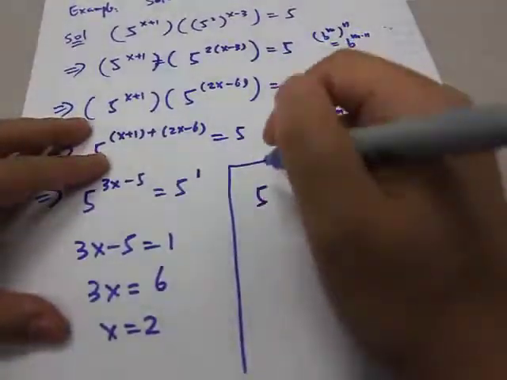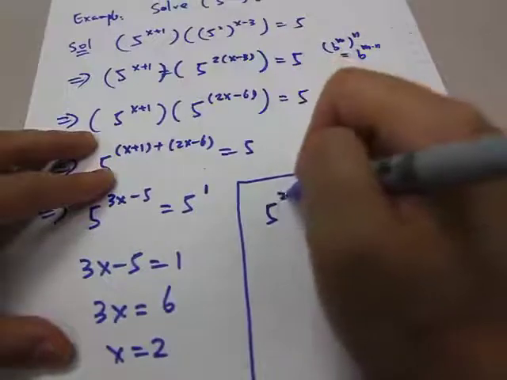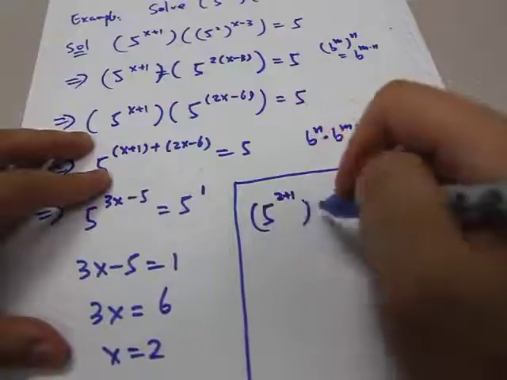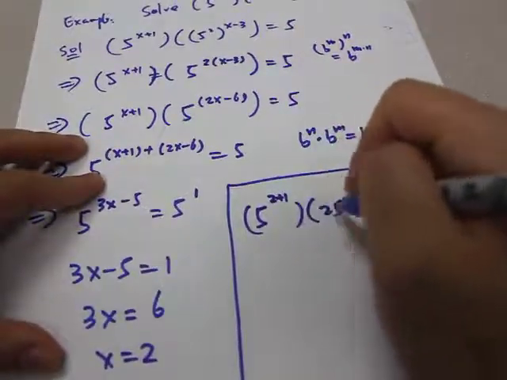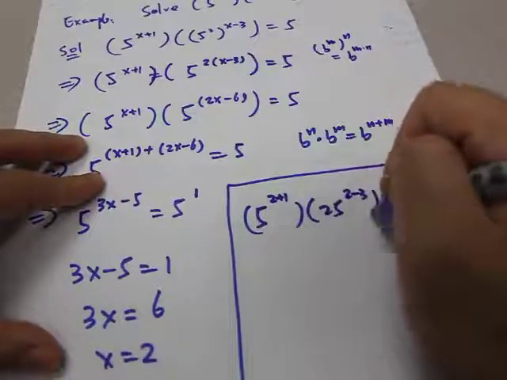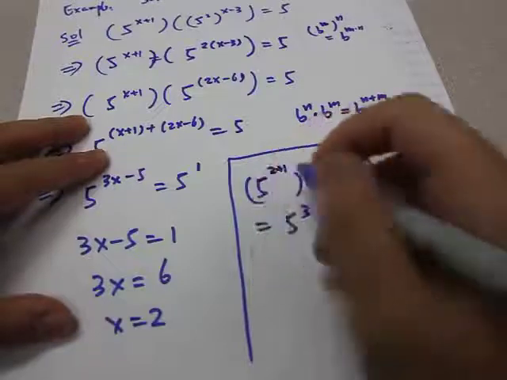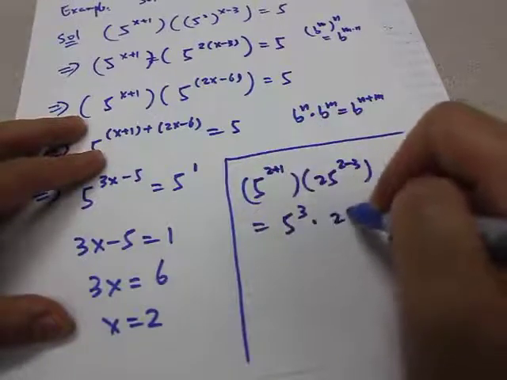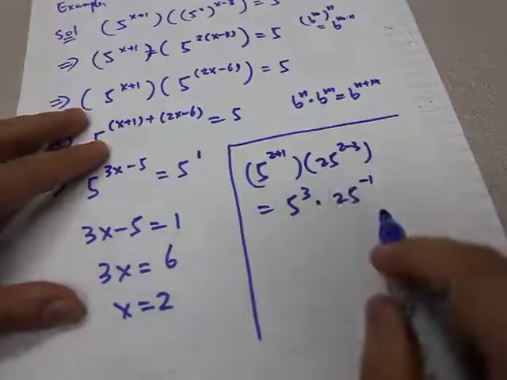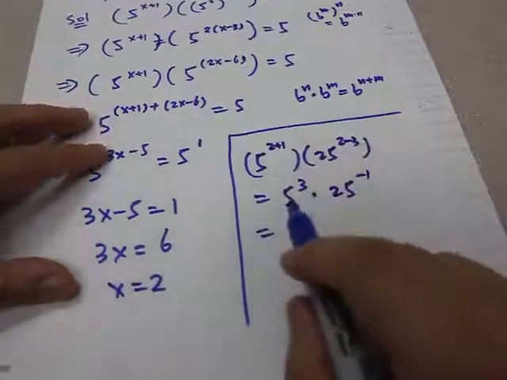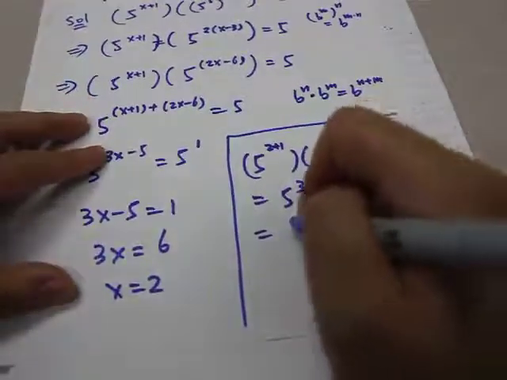So if x equals 2, this is 5 to the power of 2 plus 1, and this is 25 to the power of 2 minus 3. Let's compute what this is. So this is 5 to the third, multiplied by 25 to the power of negative 1. Now, 5 to the third, that is 125.